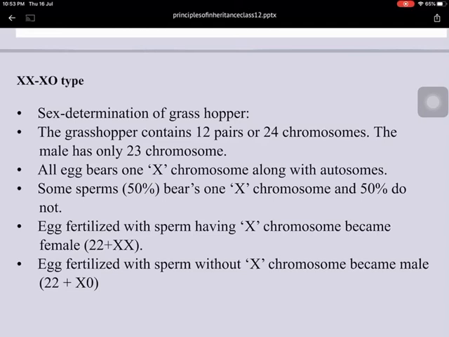Whereas in the grasshopper, among the sperm, 50% bear only the X chromosome and 50% do not have any such chromosome at all. So this is known as X naught. Here 0 is not read as O, that is X naught. An egg fertilized with a sperm having an X chromosome becomes female. An egg fertilized with a sperm without an X chromosome becomes male.